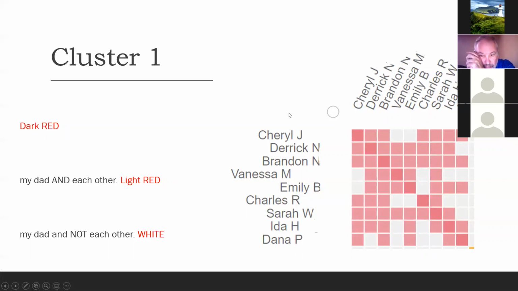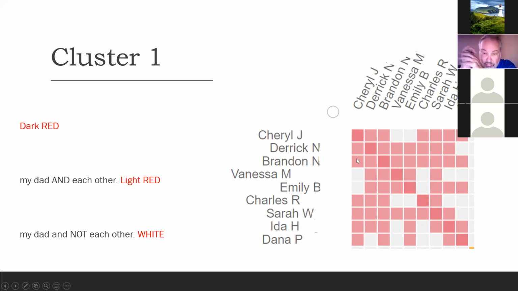The reason why they're clustered together is because some of them match each other. So the light red is where people match my dad and match each other. Let's look at Derek and Brandon. Derek and Brandon match my dad and also match Cheryl.